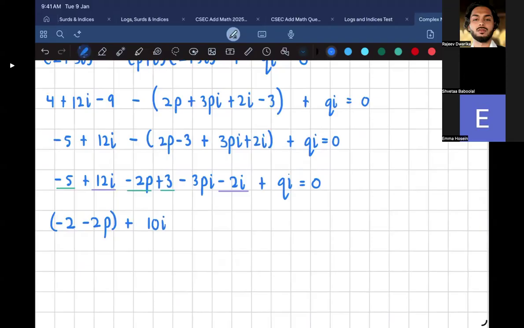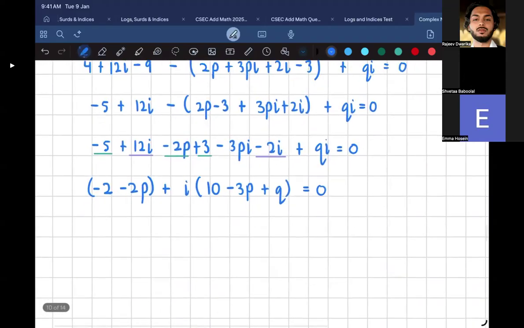And we can agree that all of those things have i in it, so we can factor it out. I could write plus i, and in brackets, I'm going to write 10 minus 3p plus q. And that's equal to 0.